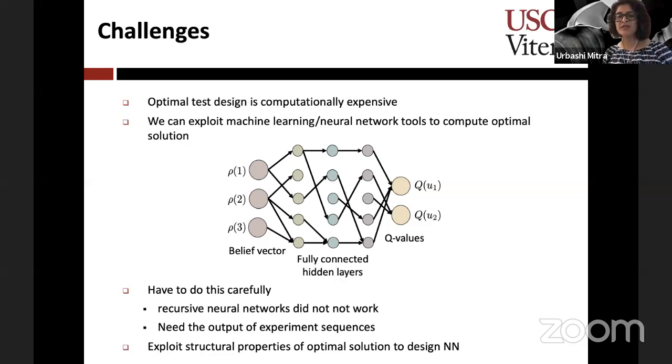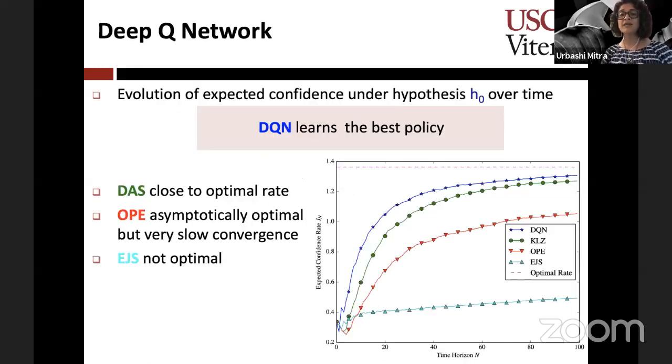So a point that I want to say is that for problems like this, you have to design your neural network architectures very carefully. You have to use domain knowledge. And one of the pieces of knowledge that we used was structural properties about our optimal test, which was computationally expensive. And then when we did that, we were able to design strategies that worked well.